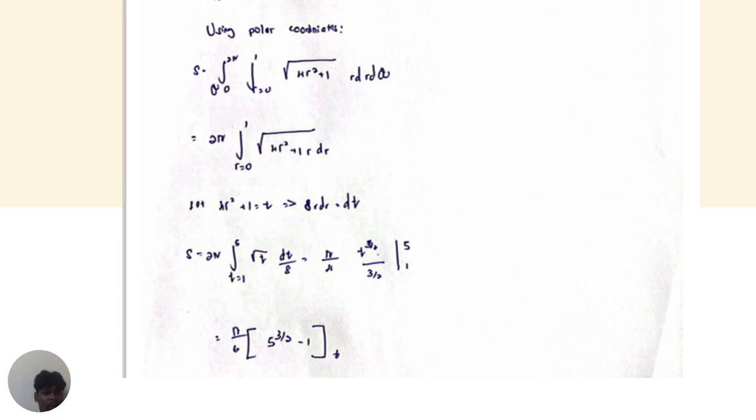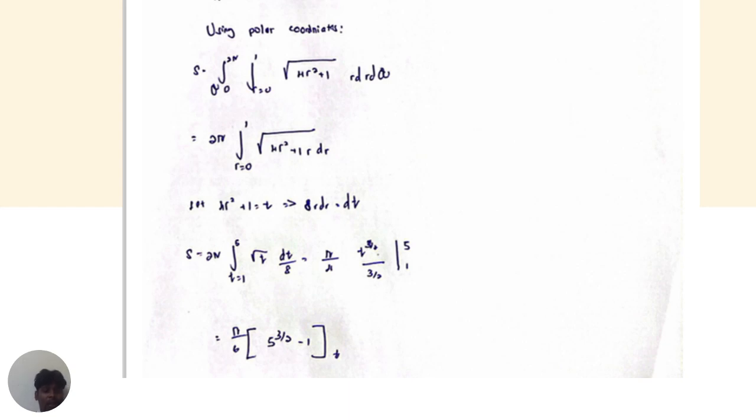So the surface we want to find is 2 pi times the integral of the square root of t dt over 8, which equals pi over 4 times t to the power 3 over 2 over 3 over 2, evaluated from 1 to 5.